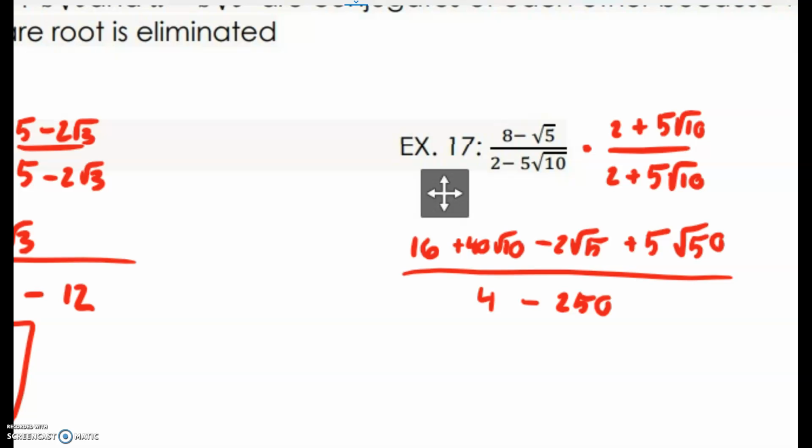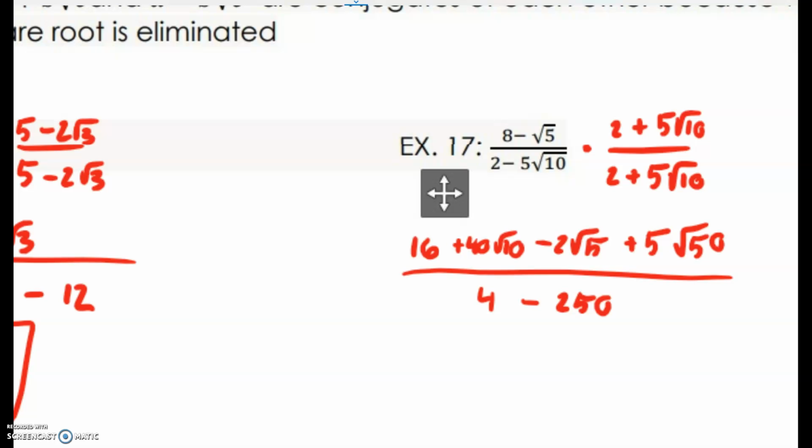Alright, let's see if I can do any simplifying. So in the top, I do see a radical 50. That could be written as 25 times 2. Square root of 25 is 5. So I can pull out a 5 from this.